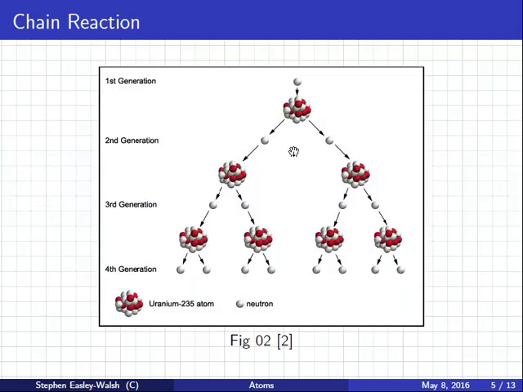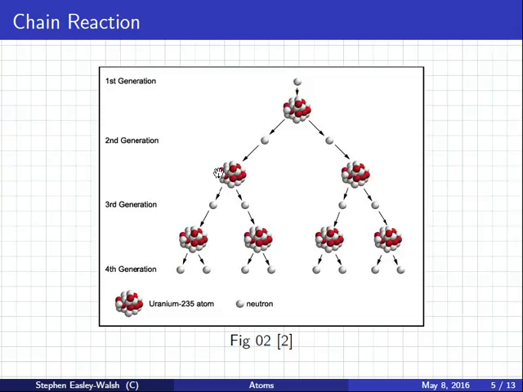In this example there's only 2, I don't know what reaction this is, but when this breaks it releases 2 neutrons, and maybe these neutrons hit 2 more atoms, and they break, and they release 2 neutrons, and they hit more, and so on. So this is called a chain reaction, where the first process creates 2 or more, and they create 2 or more, and so on.